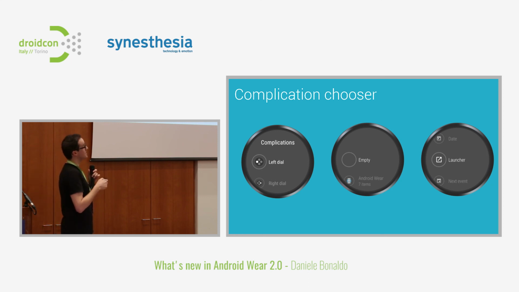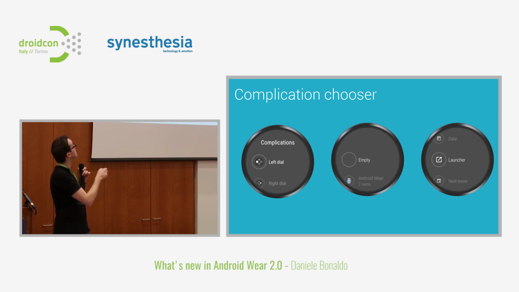So this is something that you have to develop as a configuration activity for your watch face, but then you can invoke the system chooser, which, again, will filter for all the data providers installed only the ones that are exposing data which is compatible to the selected placeholder.